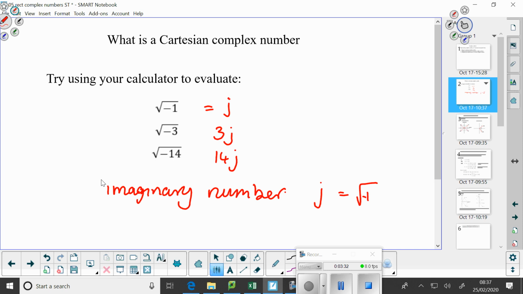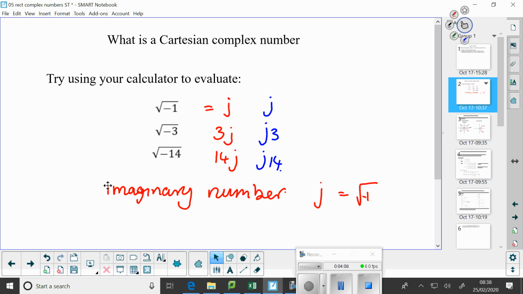Also, you'll see some textbooks will put the j before the number. So that one would still be j, j times 1, j3, j14. It's quite common. I tend to go with that way. I like to have mine that way round, but that's equally as good, and most people would understand still what you're talking about. So you can either have the j before or after the constant in front of it.